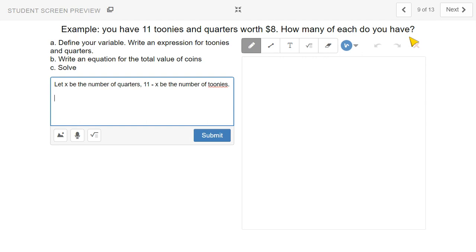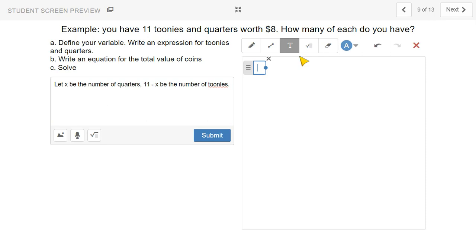Next, we're going to write an equation for the total value of the coins. So let's recall. When we talked about value, or the amount, we had to take the number of coin 1 times the value, plus we're taking the number of coin 2 and multiplying the value again.